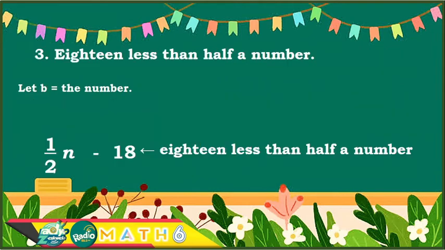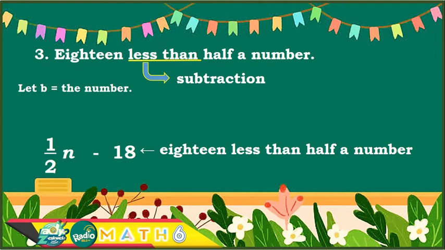We will continue with item number 3. Translate to an algebraic expression: 18 less than half a number. What keywords did you observe? Good! The keywords less than indicate the mathematical operation subtraction.